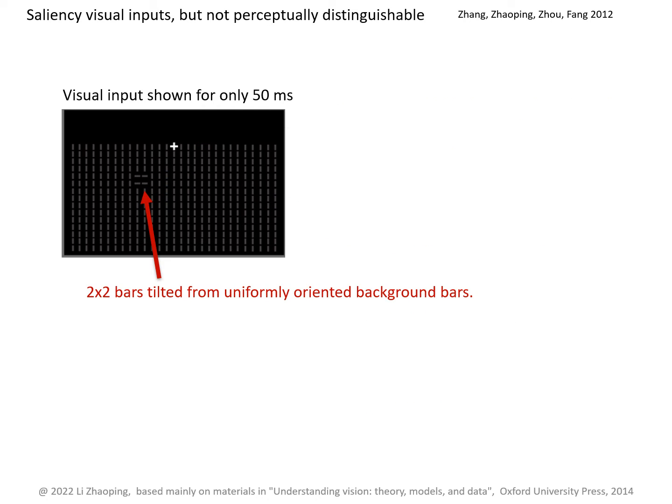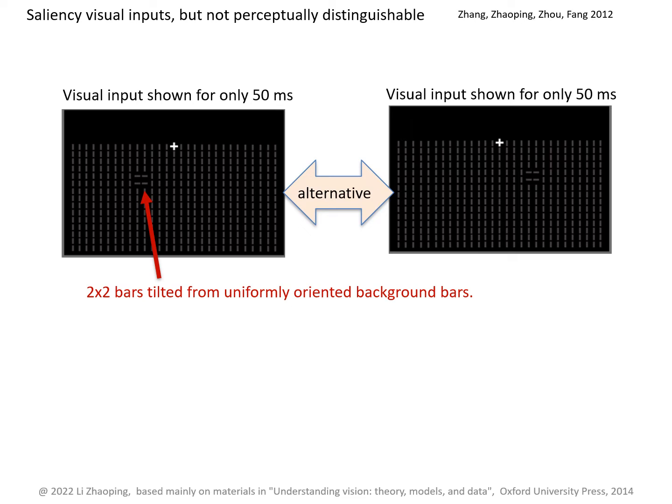Now, to verify that the observers indeed could not see where this contrast location is, this is another possible input before the mask. The location with the orientation contrast is at lower right from the fixation cross, and each possible contrast location is 7.2 degrees in visual angle from the fixation cross.